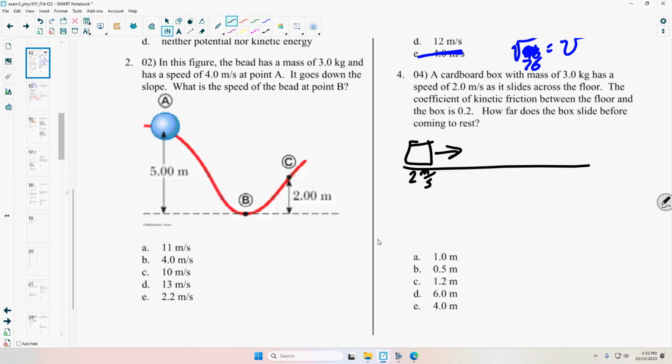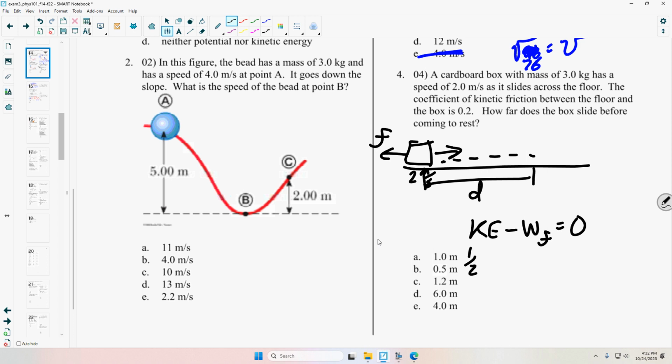And then as it slides across the floor, there's a frictional force that acts upon it and causes it to slow down. I want to know what distance it covers before it stops. So it starts with a certain amount of kinetic energy. It loses the work due to friction, and then it ends with no energy at all. So all that energy that it had is taken away by the frictional force.